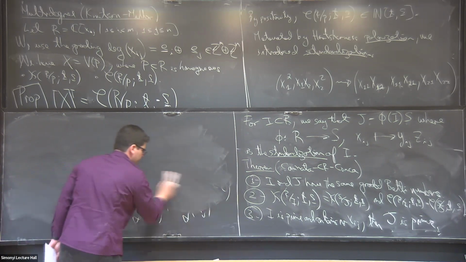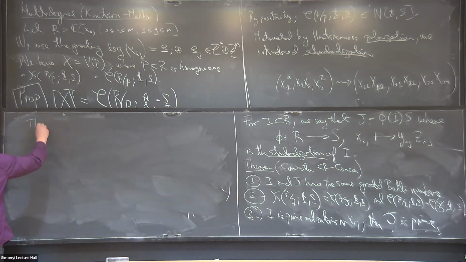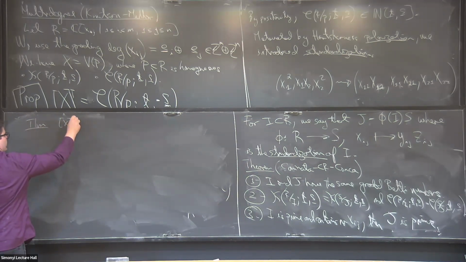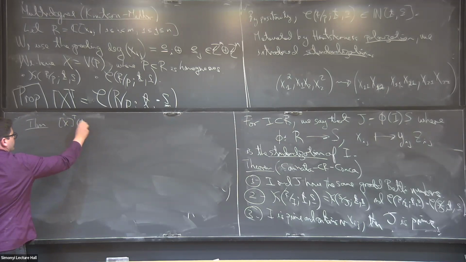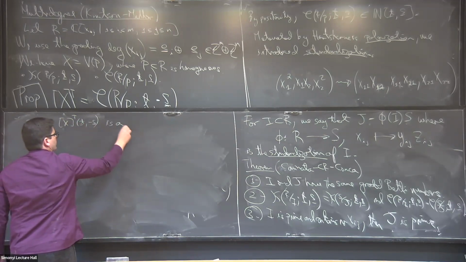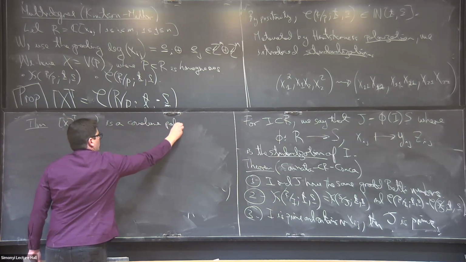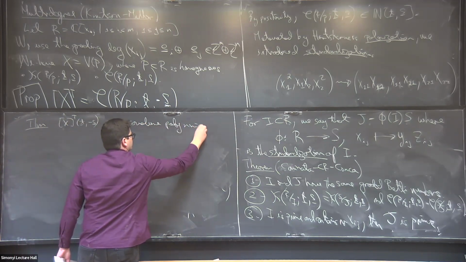How the proof goes. Our main result was that this thing, sorry for the notation, so changing the signs, is a covolume polynomial.